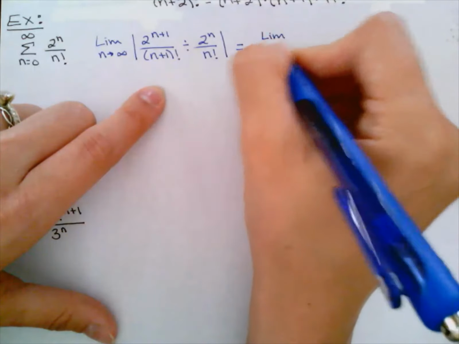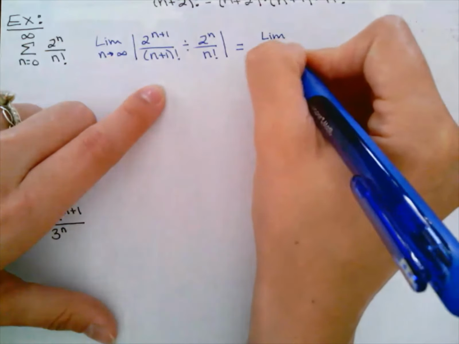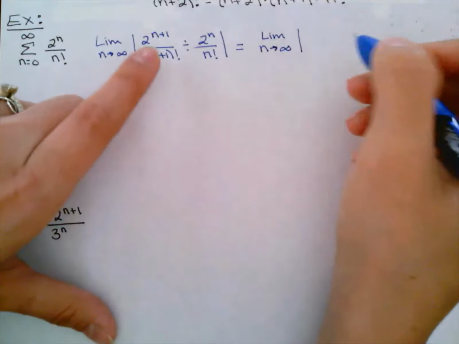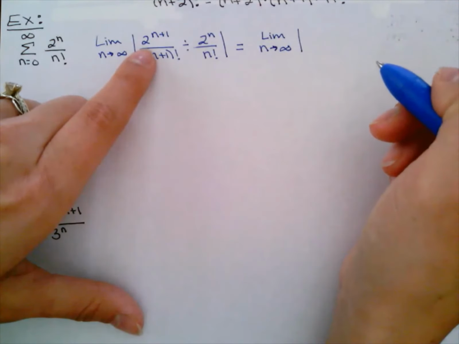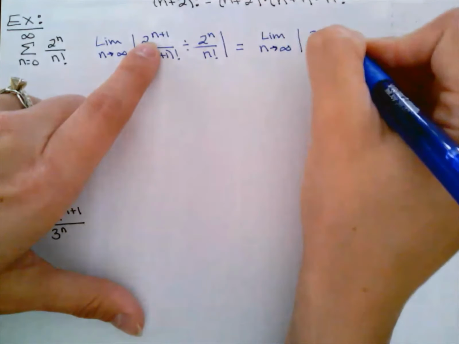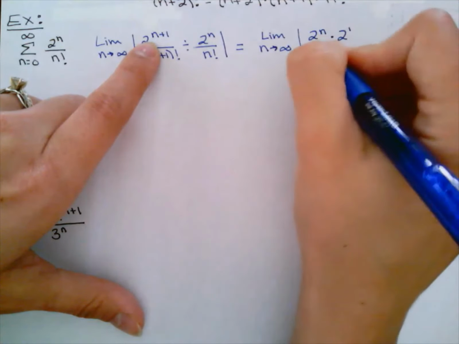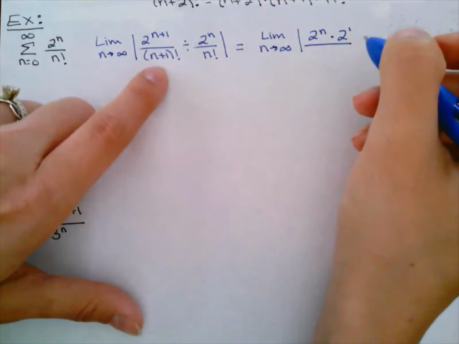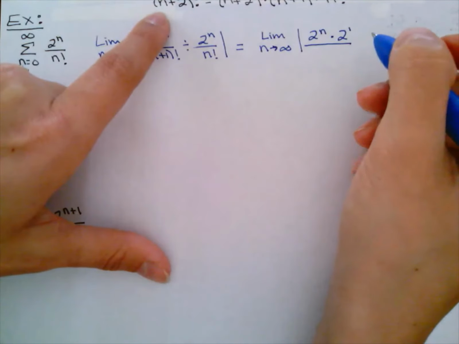Remember, notation-wise, you have to write that limit until you complete it, okay? So the first split that I'm going to do is I'm going to write this 2 to the n plus 1 as 2 raised to the n times 2 raised to the first over, and then I'm going to split my factorial the way I have it here.